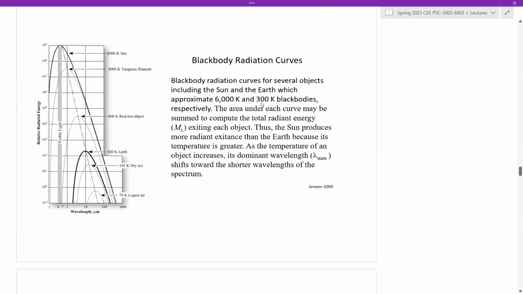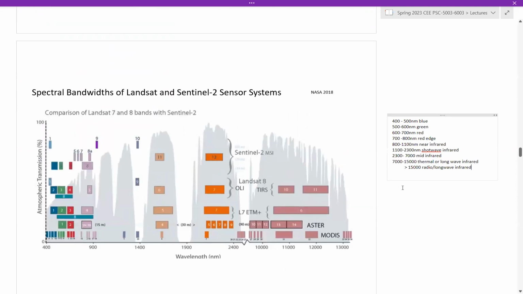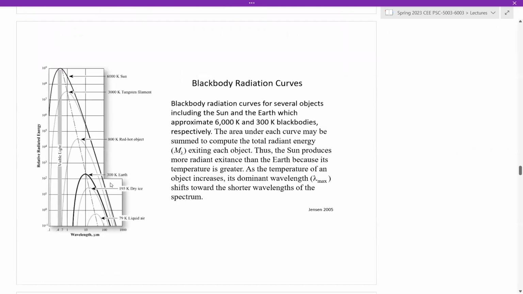Earth has a temperature of 300 kelvins, and that means it's going to have a peak at 10 microns. If we look at our table, 10 microns is thermal. So the bulk or the peak of objects on this planet emitting light that can be captured in the absence of the sun is around 10 microns.